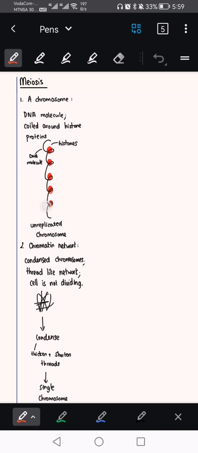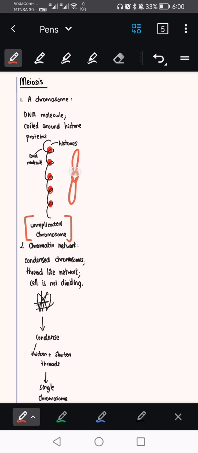This one here, this is how it looks. If you zoom into it microscopically, you'll see it being coiled around some proteins, but simply it just looks like that, which is how we more commonly know it. This is an example of an unreplicated chromosome, but based on 2024 NSC marking, we don't use the word unreplicated anymore.